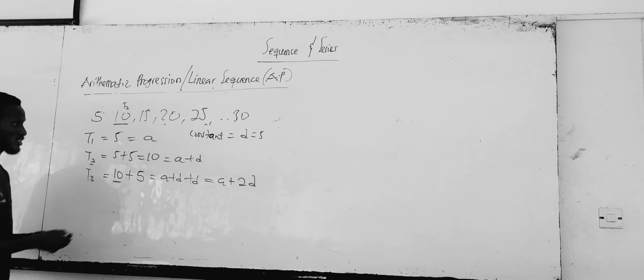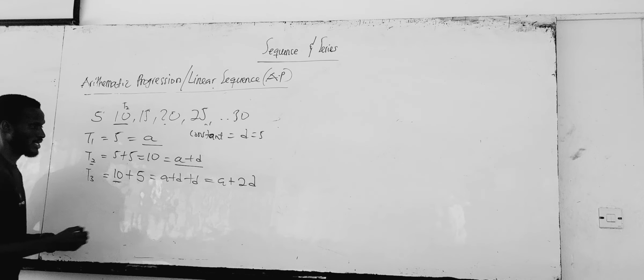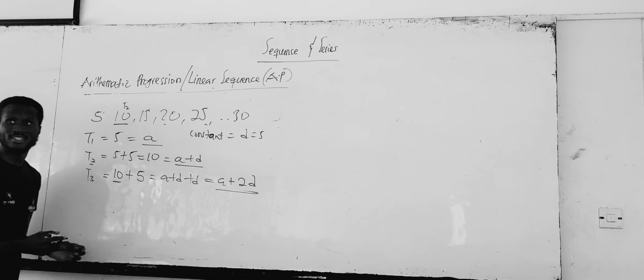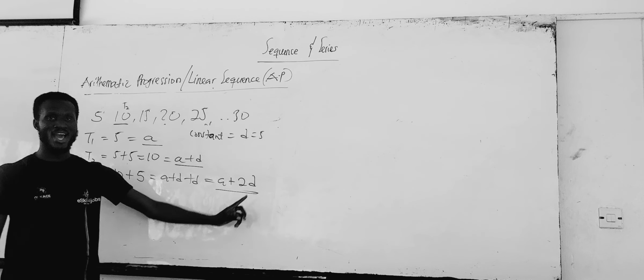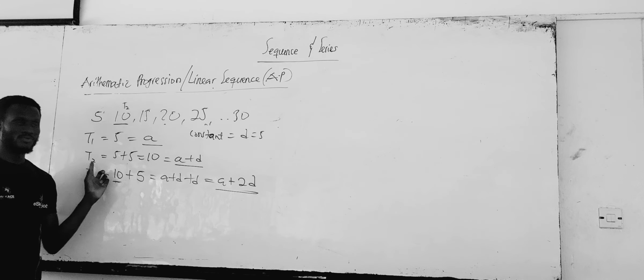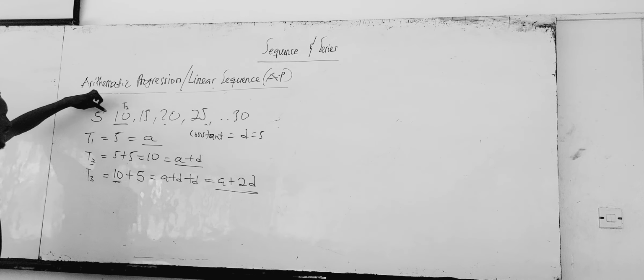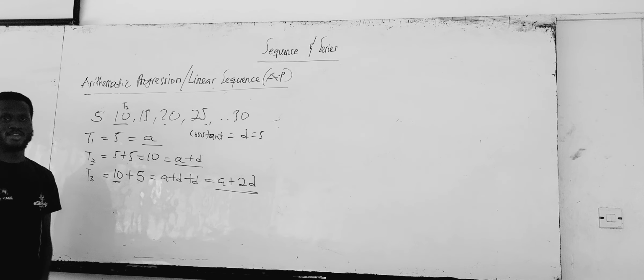Now let's move on to this. This one is the formula for the first term, this one is the second term, and this one is the formula for the third term. The third term has the formula A plus 2D. Keep it in your head. T2 has the formula A plus D, because to get T2, I need to add the 5 to the D, which is 5. That's the common difference.